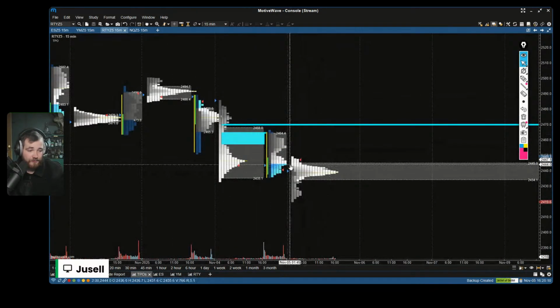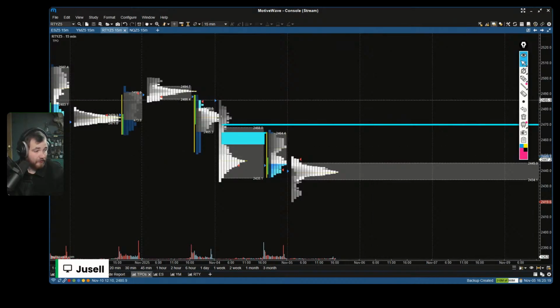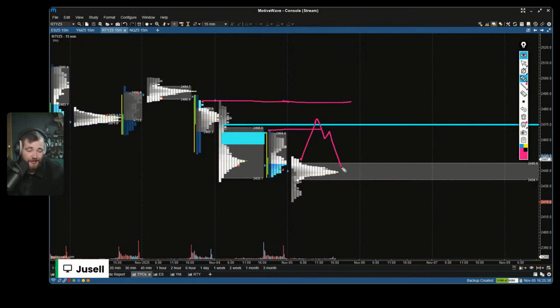RTY looks a little bit different. We are actually opening above the previous close of yesterday in RTY. But the idea is still pretty much the same. Push outside, reject the previous day's high, and take the single print, possibly even the previous close, depending how extended we want to be, and push back to the previous close of yesterday.